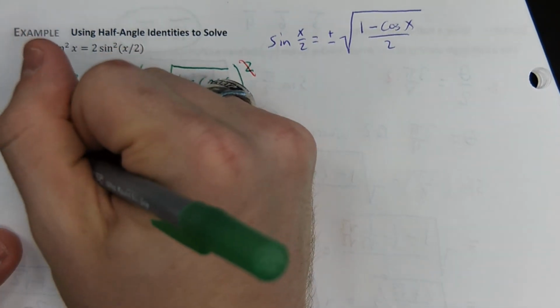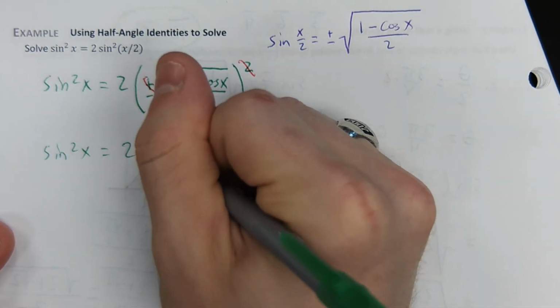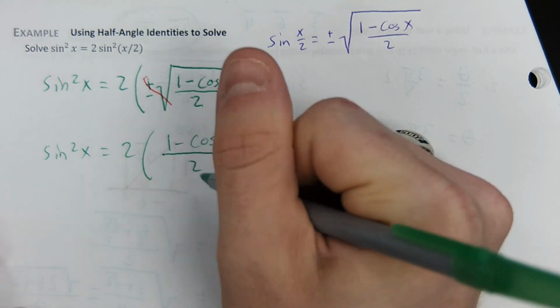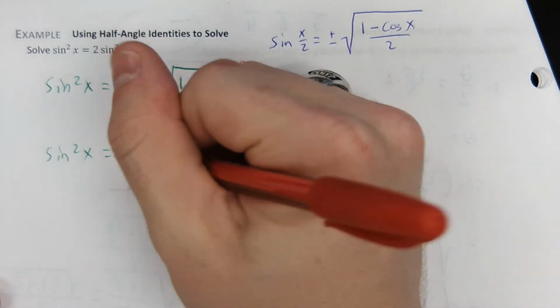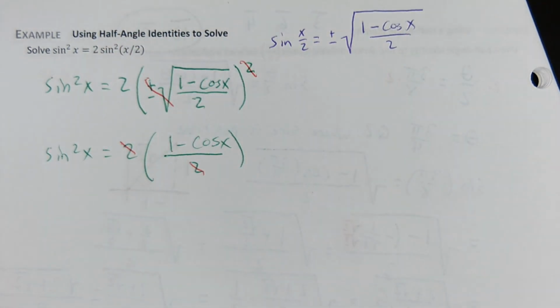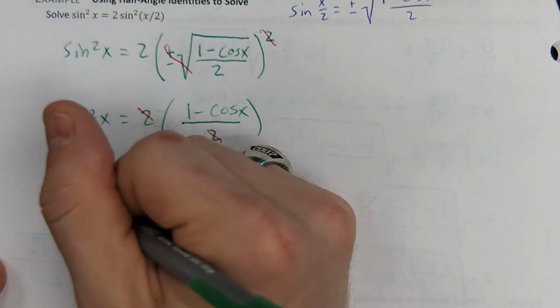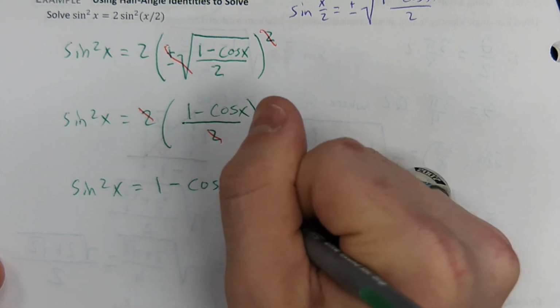So we're left with sine squared x equals 2 times 1 minus cos x over 2. And then it simplifies even more because times 2 divided by 2 cancel. I have sine squared x equals 1 minus cosine x.